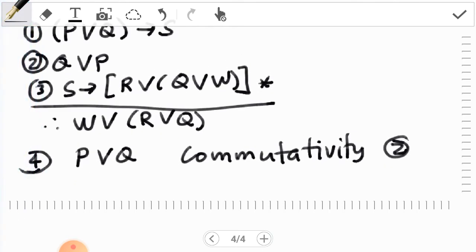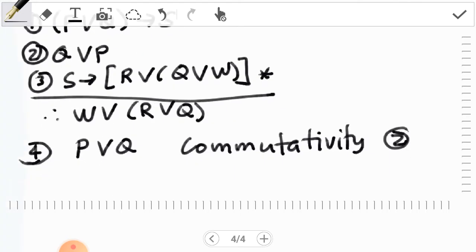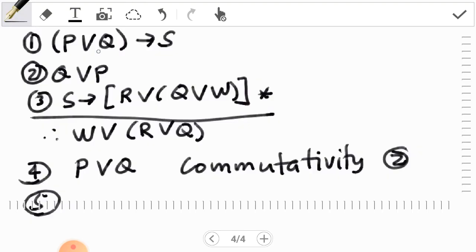Then after applying commutativity of line number 2, look at this, you have P or Q implies S. You have P or Q. Isn't it that if you combine premise number 1 with premise number 4, that is your modus ponens. What does modus ponens say? P implies Q, P therefore Q, right?